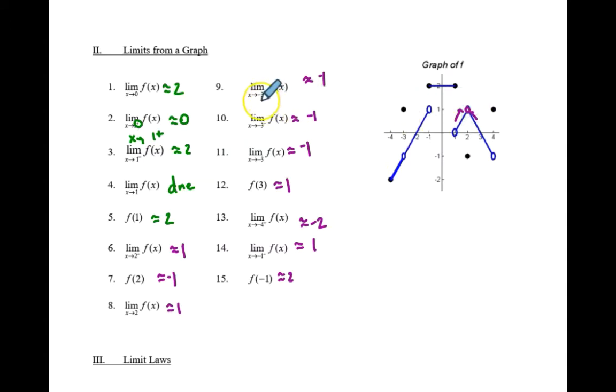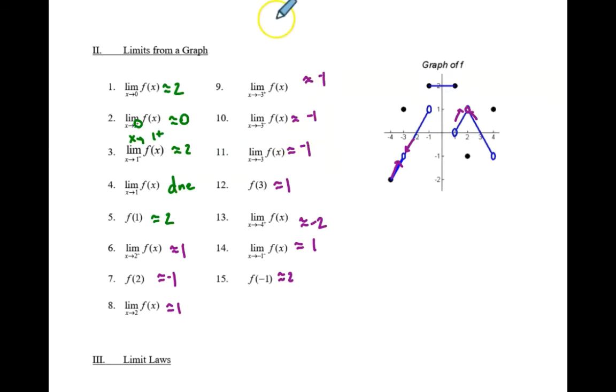The limit as we approach negative 3 from the right, we're approaching negative 1. As we approach negative 3 from the left, right here, we're also approaching negative 1. So since we're approaching the same value from the left and the right, that means our overall limit is going to be negative 1.